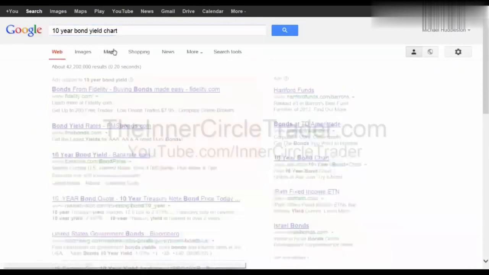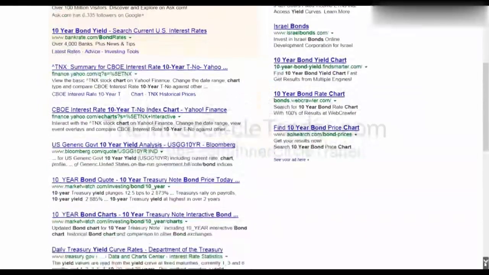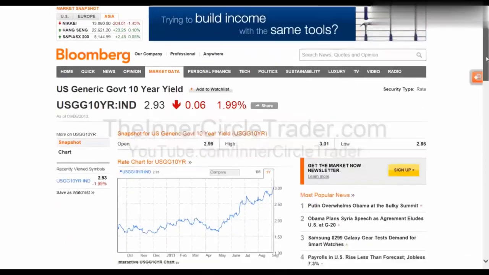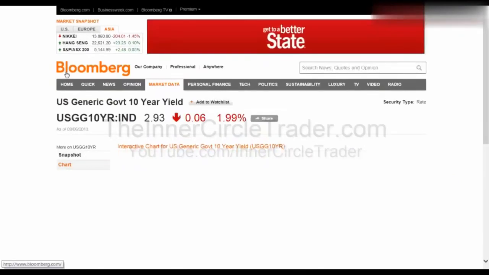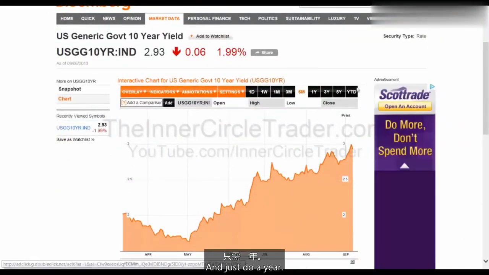Okay, when you click on that, you're going to again look for in the list U.S. generic government 10-year yield analysis. Okay, when you see that, just scroll down a little bit. You want to go to your chart here, not a snapshot. You want to go to chart. Okay, and just do a year.